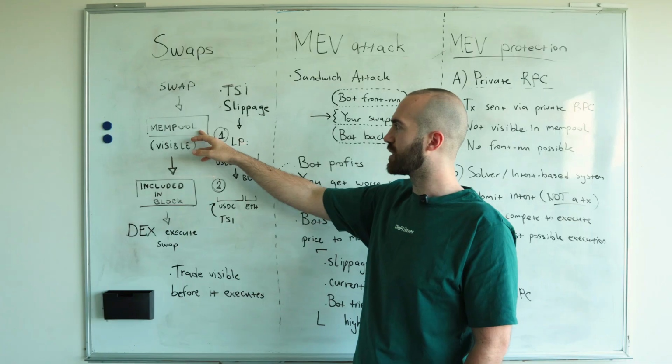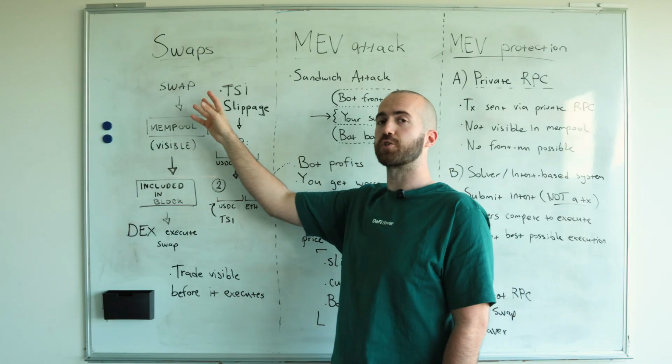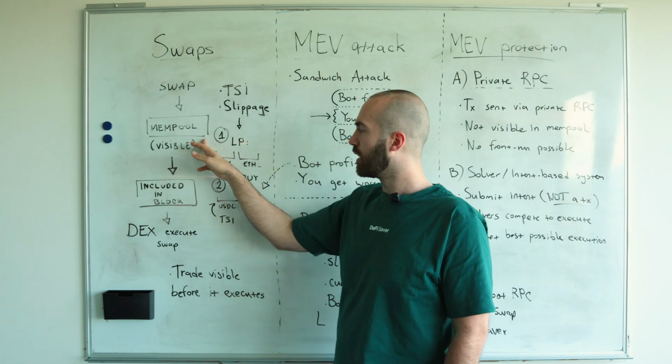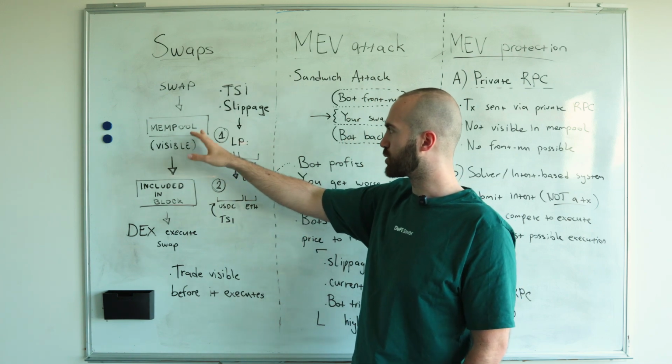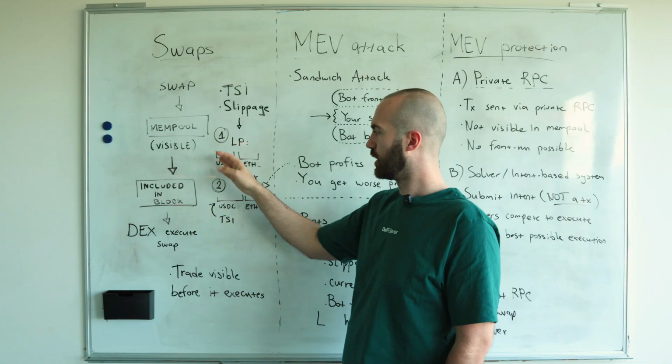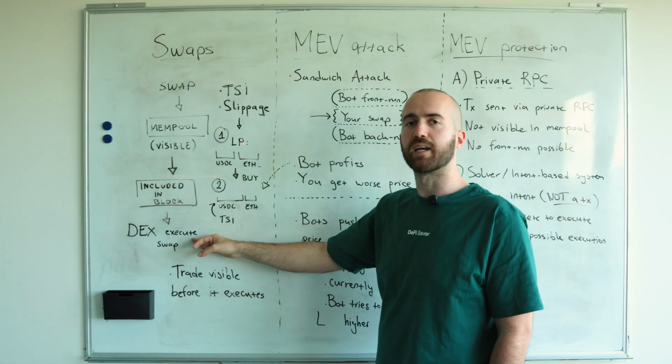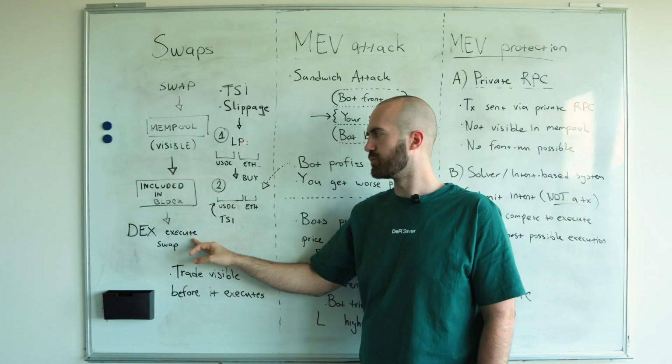Now, the thing to keep in mind is that in this mempool, the information for this swap is visible publicly. Just keep that in mind as we move on to the MEV attacks. So it gets included in a block and it's then executed on a DEX and the swap happens.